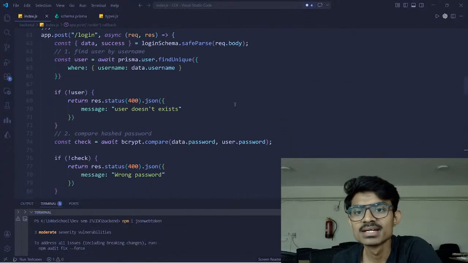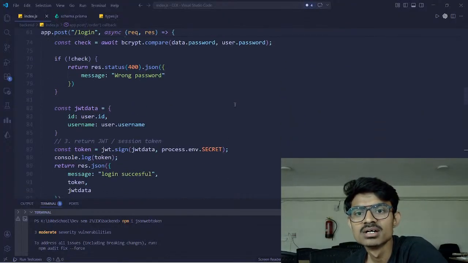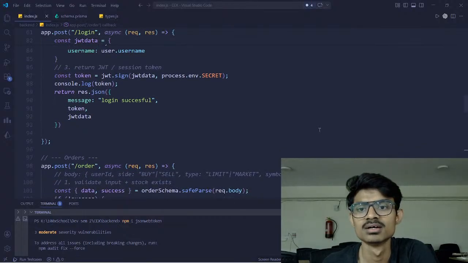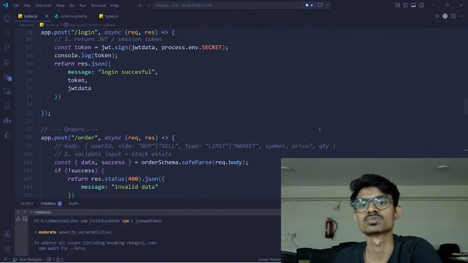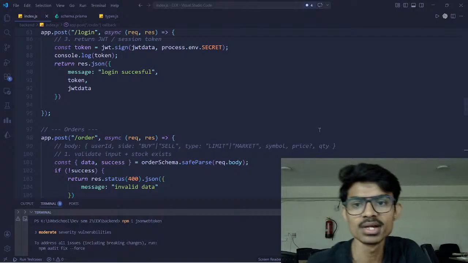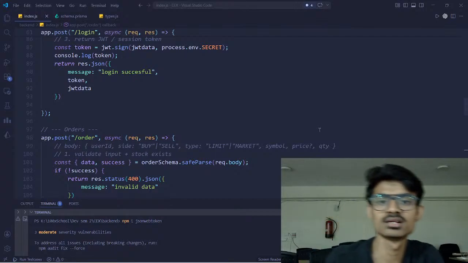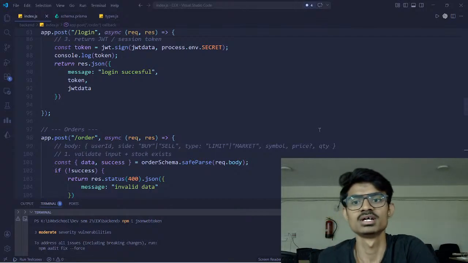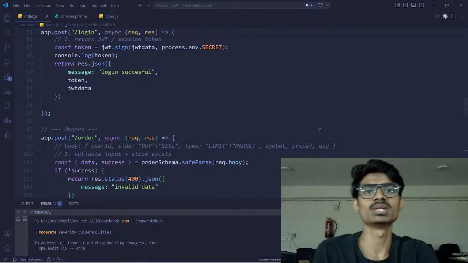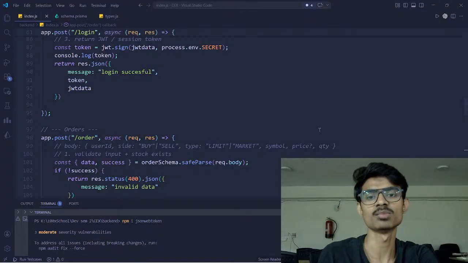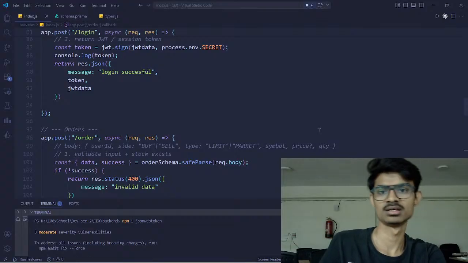We are going at which endpoint? Order endpoint. At order endpoint we give the user ID and all types of stuff that we can place an order with, right? So an order is placed. What should happen then?